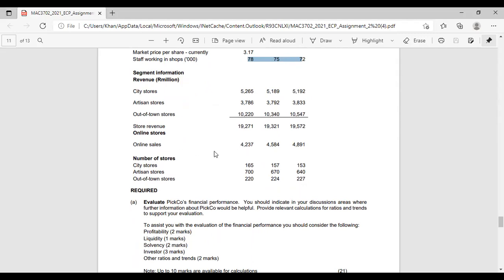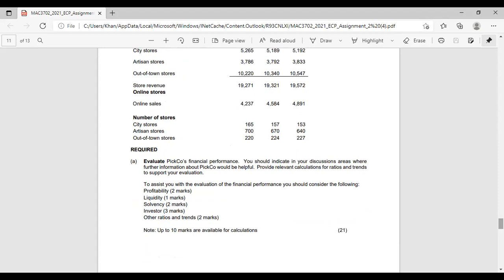I don't know what this means. Oh, rand million. Oh, this is revenue. I thought it was a number of stores, I thought it was quite a lot. Okay, so this is revenue. And then we have number of stores: city stores, artisan stores, and out-of-town stores. Not much change.